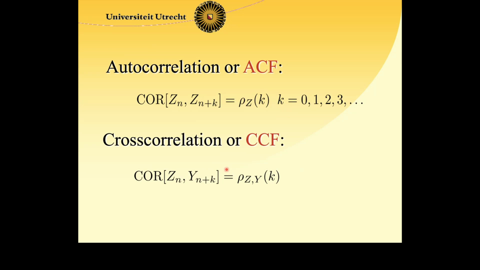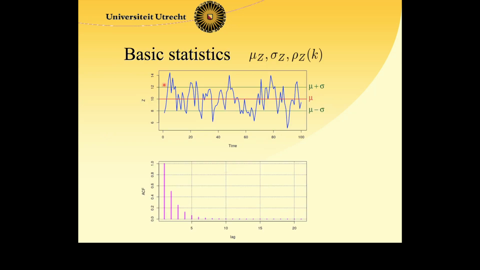So a time series, a wide sense stationary discrete time random function, can be defined by its basic statistics: its mean, its variance, well, this is mean plus or minus the standard deviation, and the autocorrelation function. With these 3 statistics, if we assume this thing to be Gaussian and wide sense stationary, we can fully define that random function.